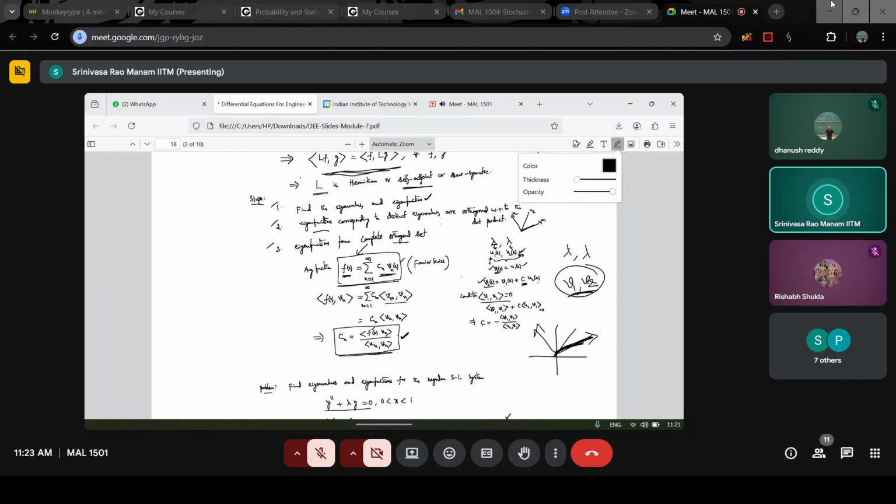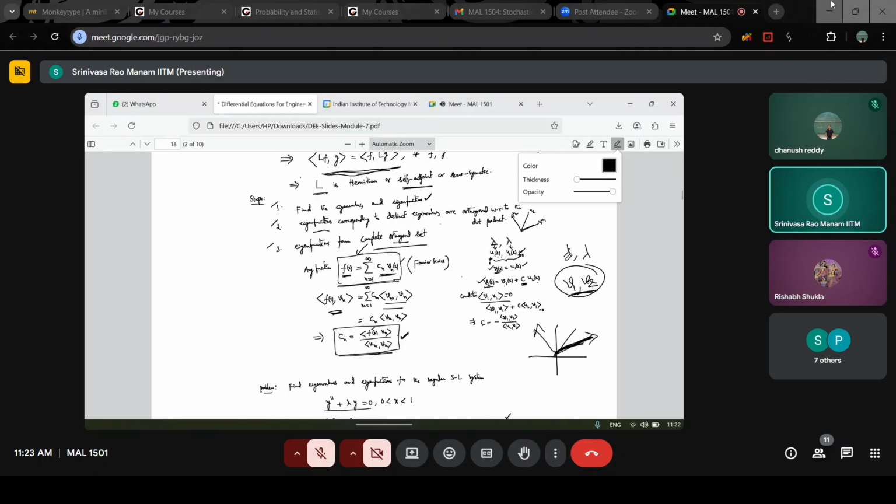Okay, like that you form a complete orthogonal set of eigenfunctions. So what is the meaning of complete? Complete means any function I can represent in terms of these eigenfunctions. That is exactly your Fourier series. Now you use the dot product with these Vn's because they are orthogonal functions, right?